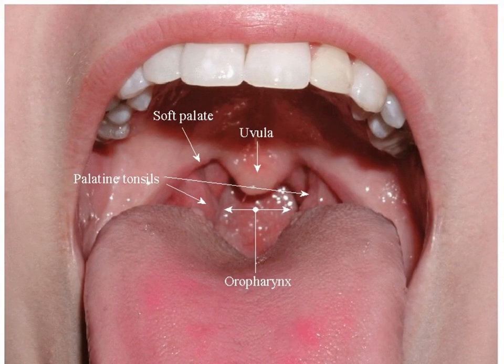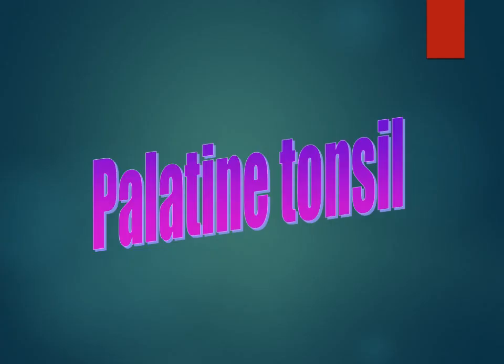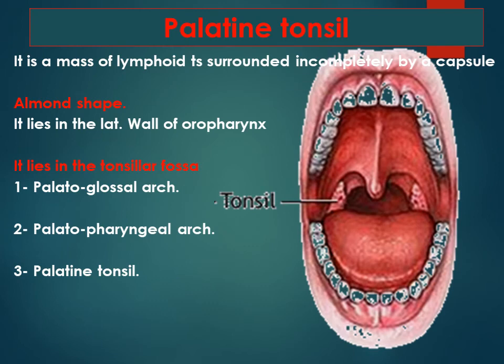This is the palatine tonsils, soft palate, uvula. This is the tongue. The palatine tonsils are a mass of lymphoid tissue surrounded incompletely by a capsule. It has an almond shape.